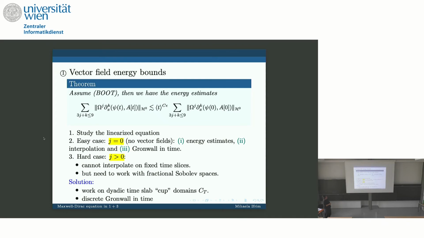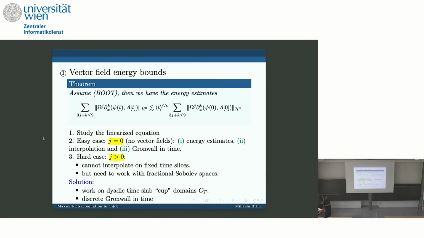I'm proving energy estimates for the solutions to which I applied both derivatives and vector fields. The right combination, like I said, no more than 3 vector fields and no more than 6 derivatives. And now we are going to get that this energy of the solution is going to be bounded by the initial data evaluated in the corresponding H0 norm.